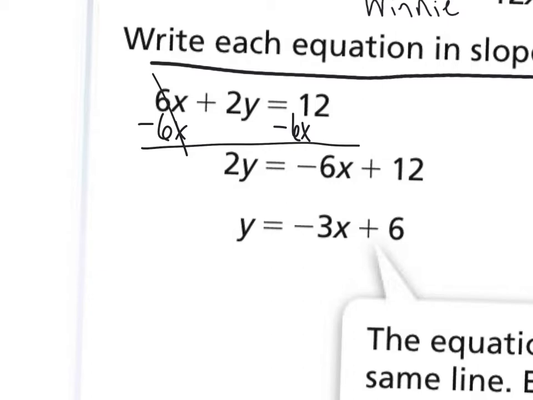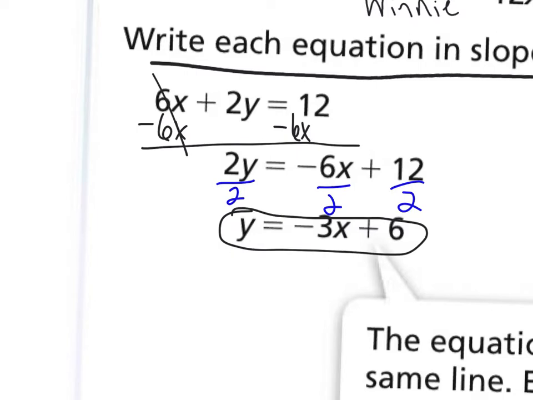And then the last step, we've got 2y. We want y, so we would have to divide everything by 2. They're multiplying by 2, we divide by 2. So when we do that, we get y equals negative 3x plus 6. Okay, so that's the first equation. That's Corey's equation.